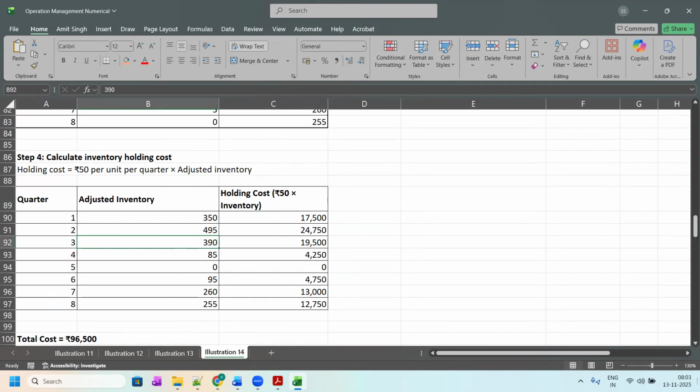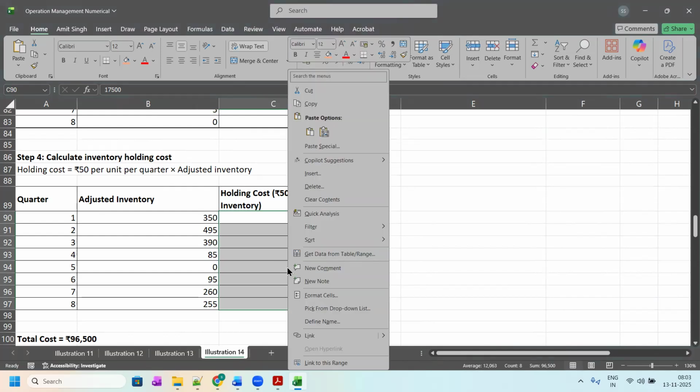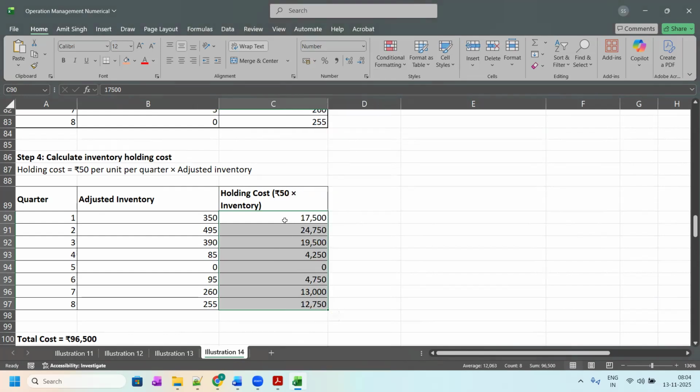If you multiply this with the 50 rupees, you got the calculation of the holding cost. And then if you do the sum of this, it will give you the total cost under plan 2.